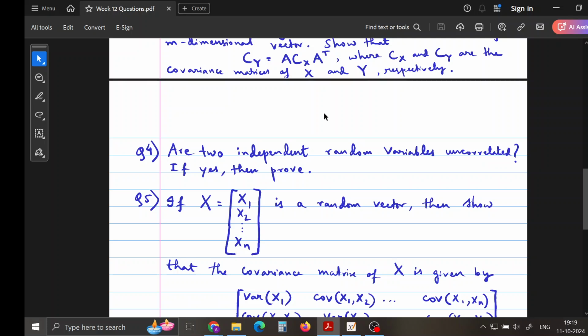Anyway, in the fourth question you are asked whether two independent random variables are uncorrelated or not. If yes, then prove. We already know that it is true that two independent random variables are uncorrelated. We are now talking about random variables, not random vectors.